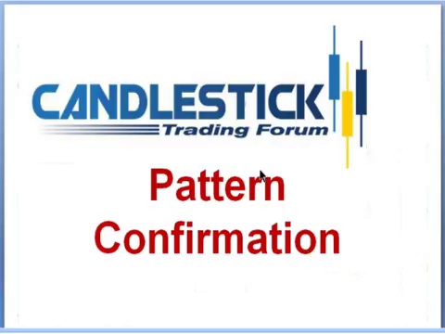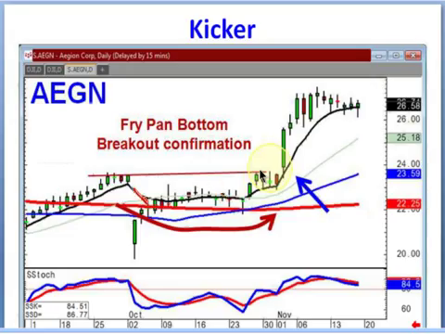Remember, all we're doing is taking the evidence of what investor sentiment is telling us, that the Japanese rice traders have told us occurs time after time, just improves our probabilities. If we can see this as a fry pan bottom, and we have a kicker signal at the breakout, what do we want when we see a fry pan bottom breakout? Very strong buying. What do we know about the kicker signal? It's our strongest reversal signal.